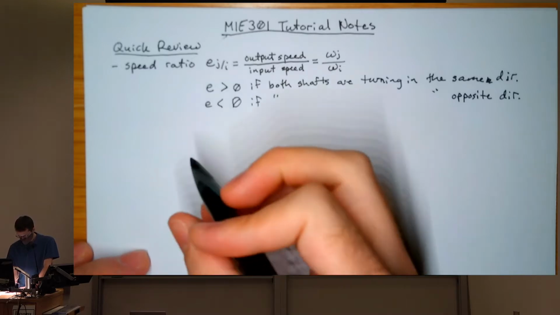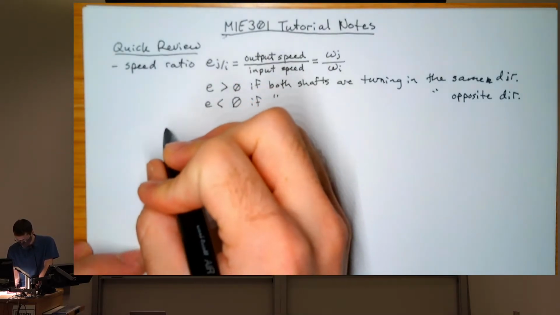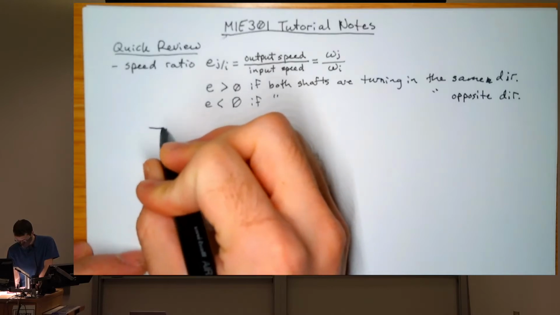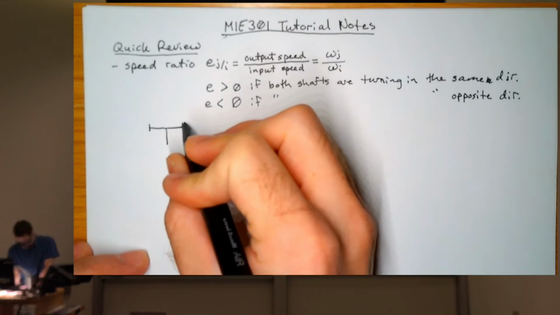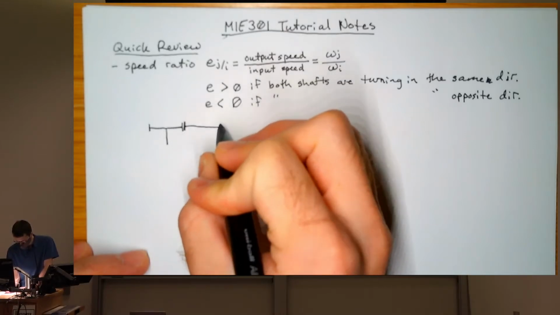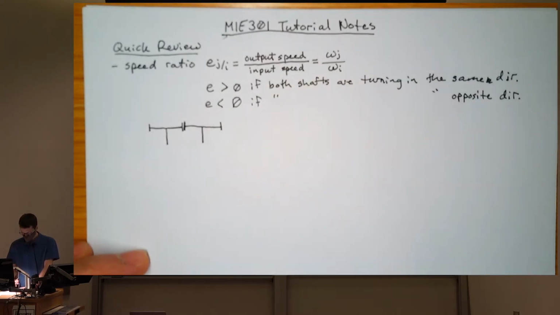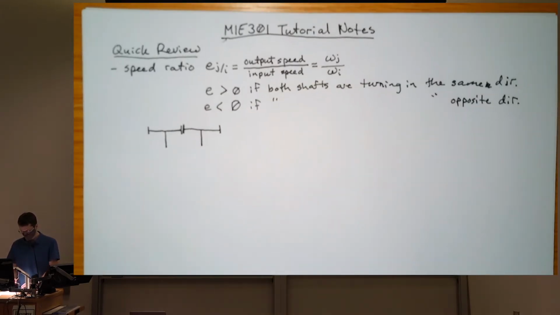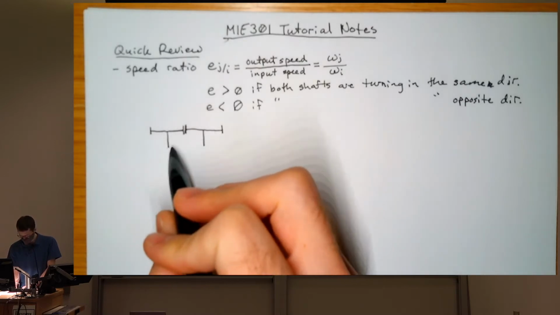Well, I'm going to draw a skeleton diagram here of two external gears. These skeleton diagrams were covered in the last lecture. So here's one gear, and here is the other gear, connecting to it like that. These are the shafts of the gears here and here.